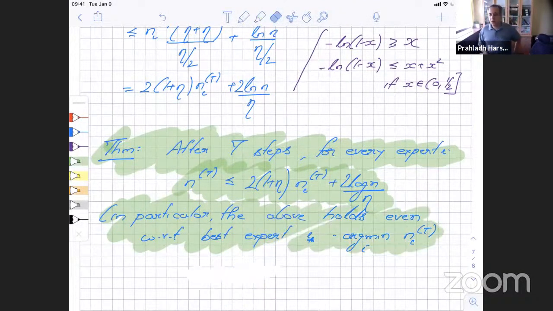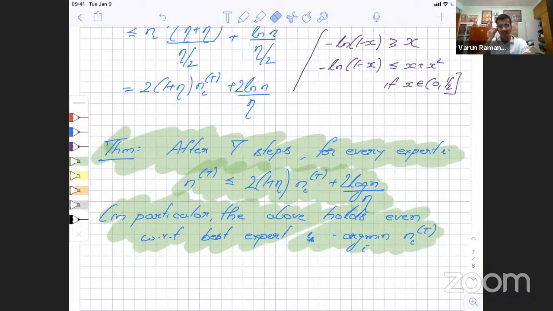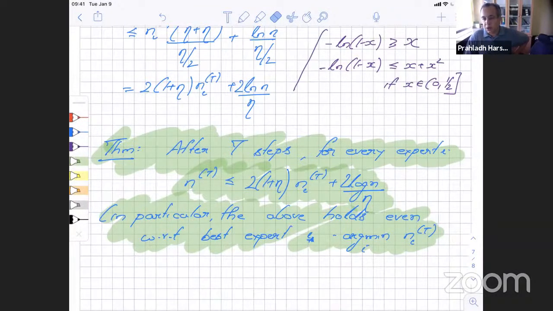This gives us a trade-off between the additive and the multiplicative. I can get the multiplicative, but notice I still haven't got the multiplicative to 1. But I can get the multiplicative to as close to 2 as possible. But that comes at a cost of the additive. The additive becomes larger and larger.